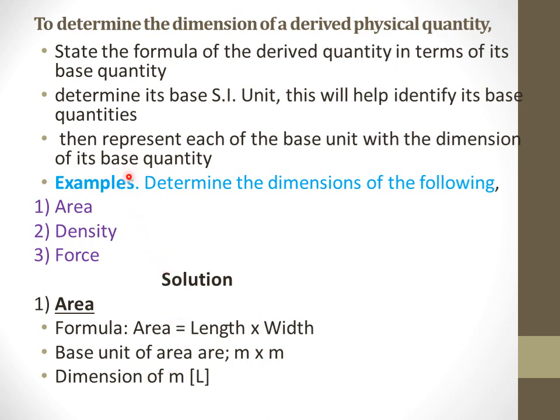The next thing is, now what do we do? We represent the dimensions of each of the units. The dimension of length is L. The dimension of width is also L. The dimension of meter is L. So it means we're going to substitute L here and L here.